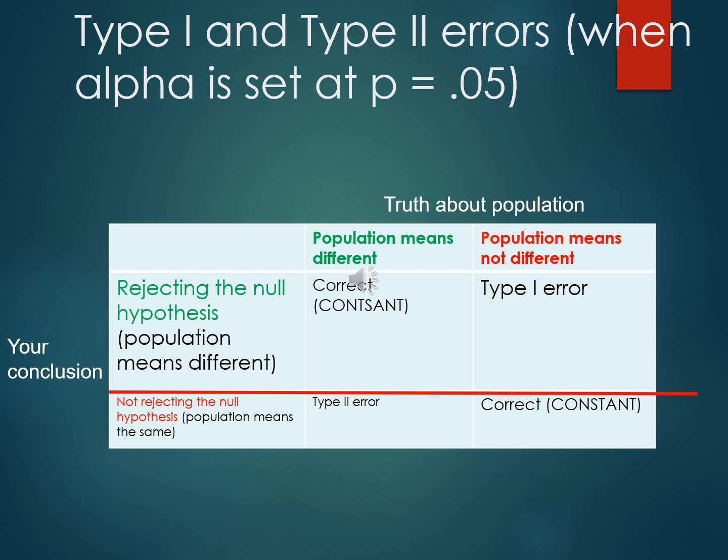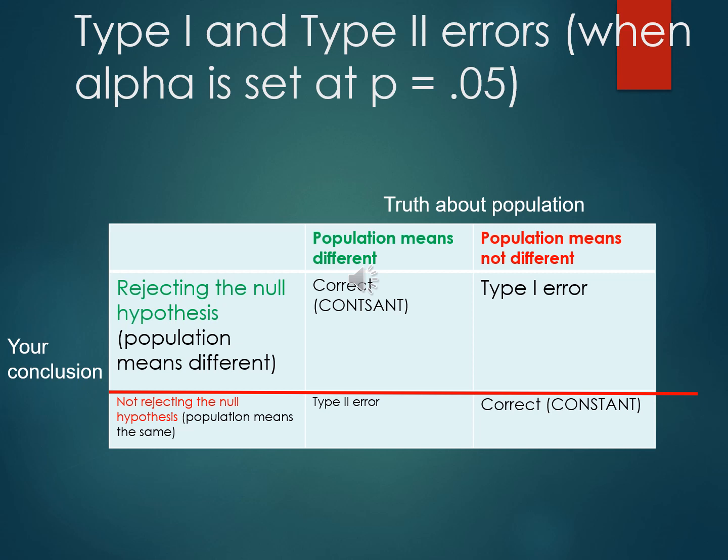The opposite from the previous slide: now you are using a large alpha level, such as 0.5. This makes it very easy to reject the null hypothesis because you have a large rejection area. So in this case, you have a small chance of type 2 error because you are very likely to reject the null hypothesis.